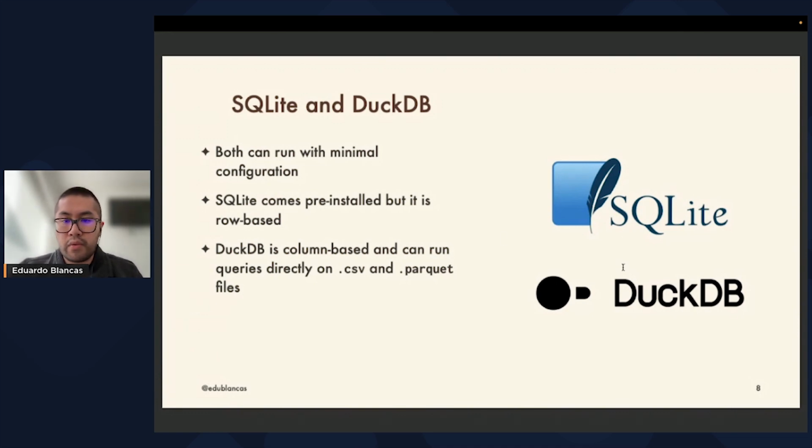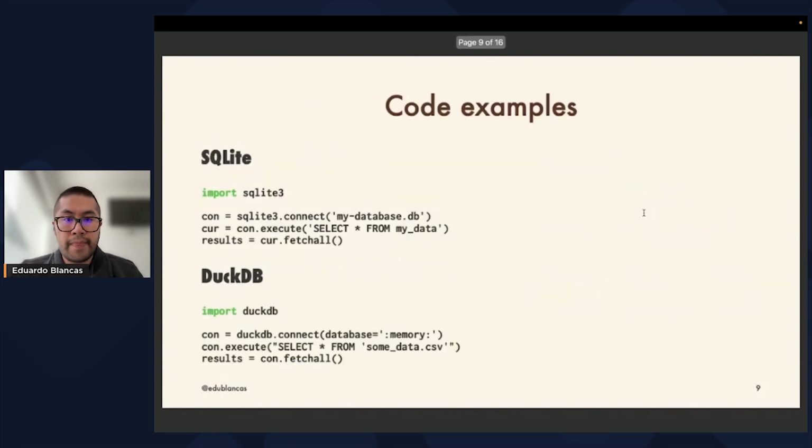Those two are the ones I have experience with, and both are great. Of course, DuckDB is a lot more optimized for analytical queries, but you can also use SQLite for some moderately large data sets.